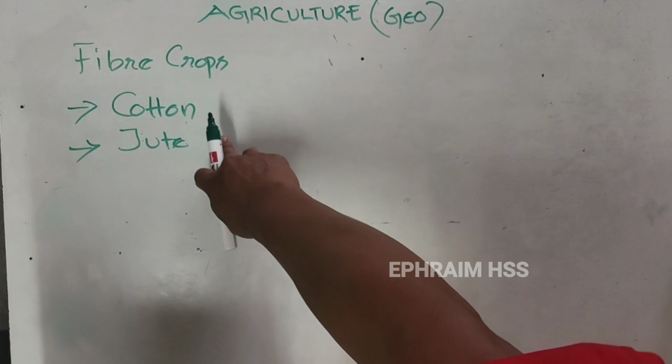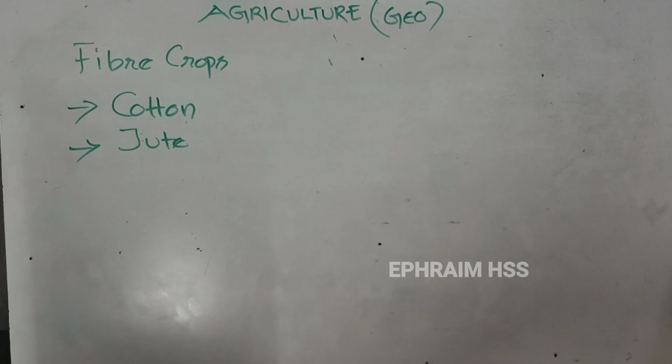The next one is jute. It is also known as the golden fiber because our country could earn a huge amount of foreign exchange from its exports, and it grows best in rich deltaic or alluvial soil, which is renewed annually by floods.